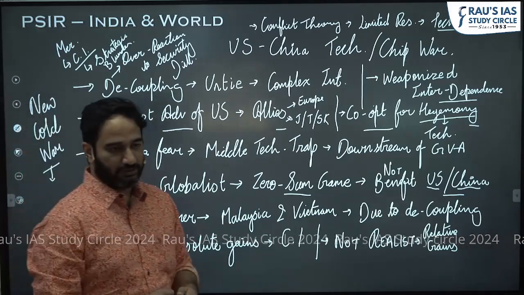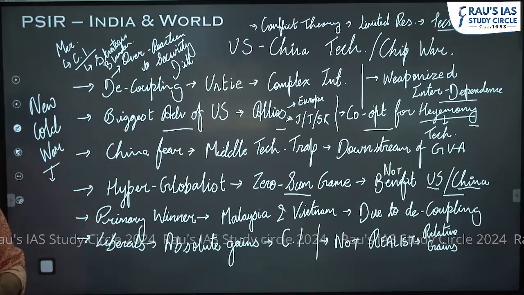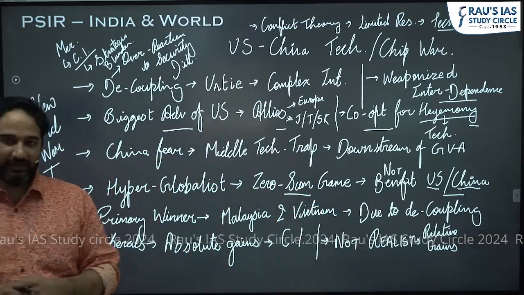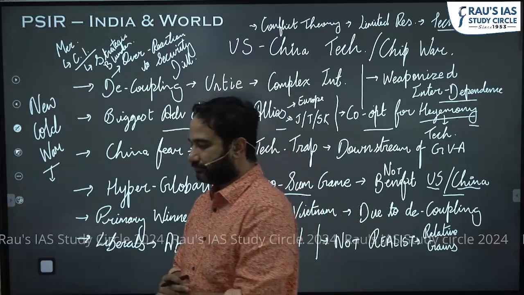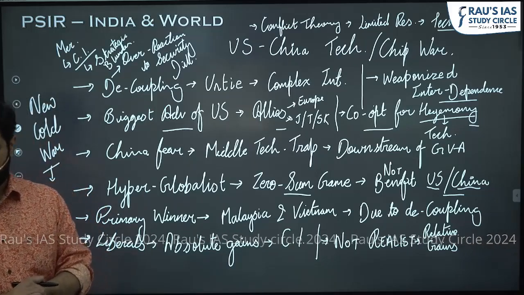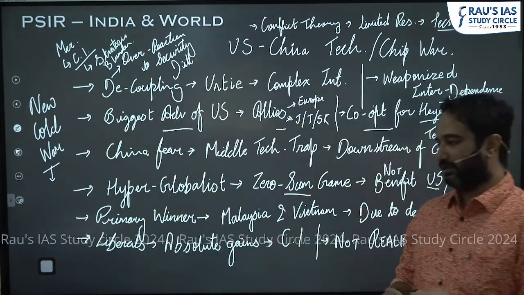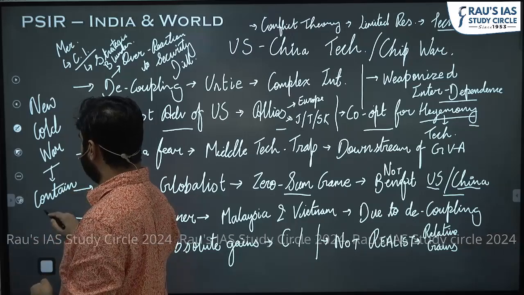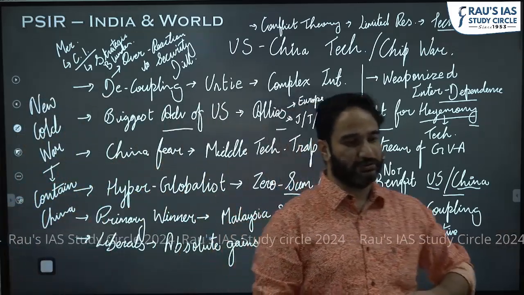George Kennan, in the X long telegram, argued for containment and not appeasement of the Soviet Union.